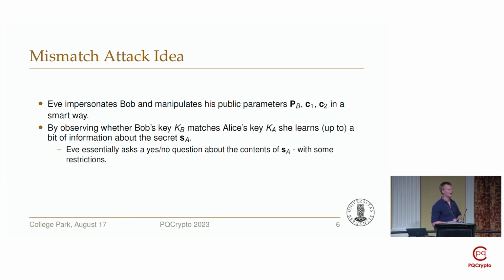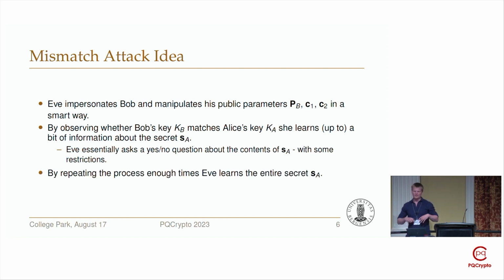So put a little bit more simply, this allows Eve to ask a yes/no question about the contents of s_A, with some restrictions on what type of yes/no questions you can ask. And then by repeatedly doing this, Eve will learn the entire secret s_A.